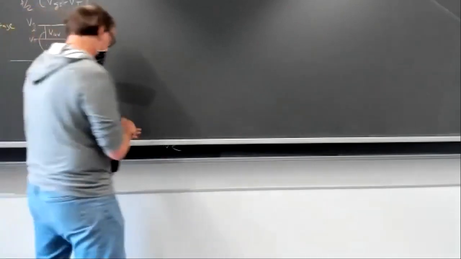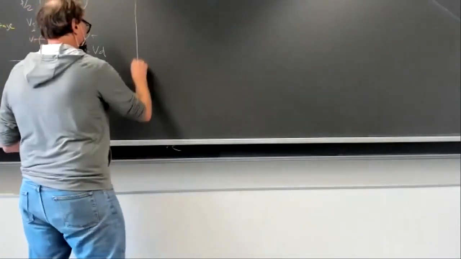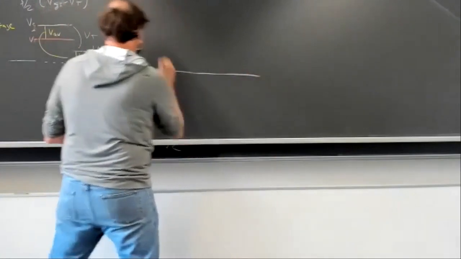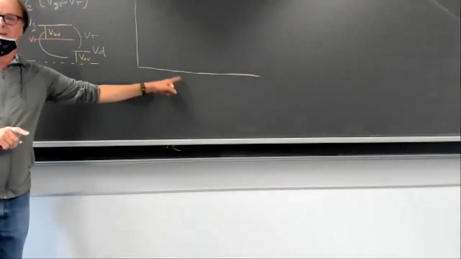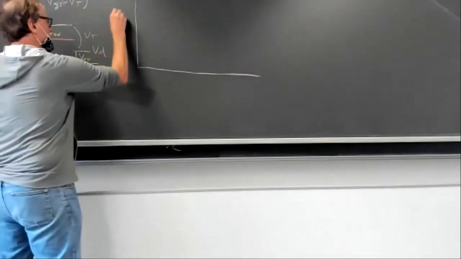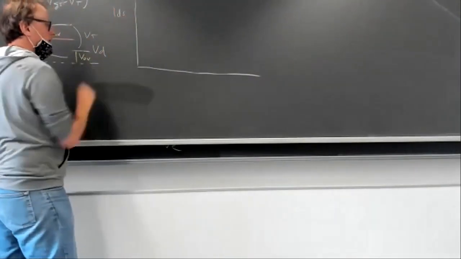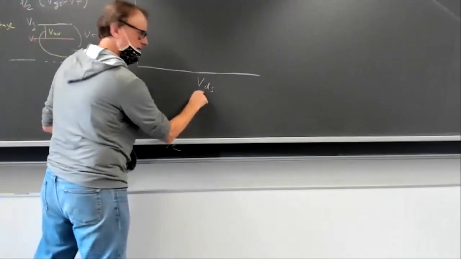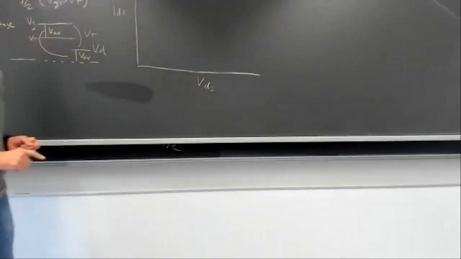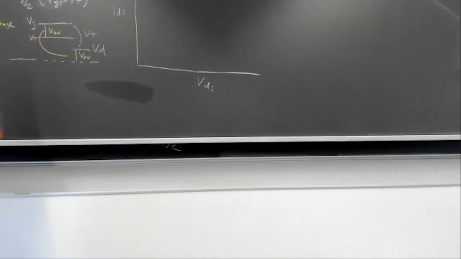And so I need to draw the curve. Before, I drew the drain current versus gate voltage. Now I'm going to draw the drain current on a linear scale versus the drain source voltage. It's a different curve, right? This is the drain saturation curve. It's how much the drain current changes with drain source voltage.